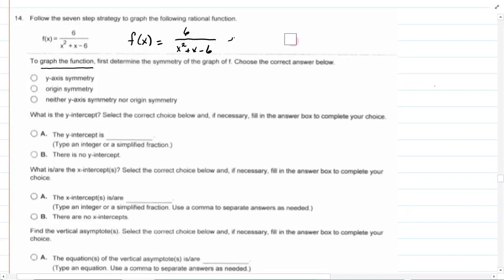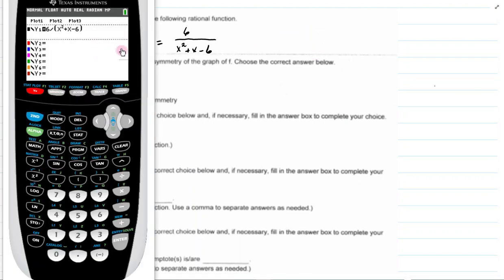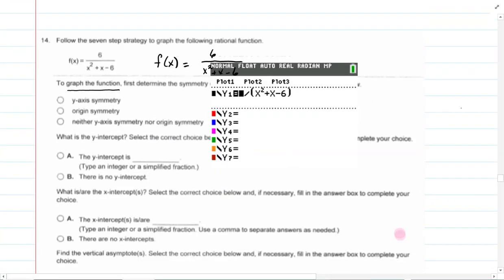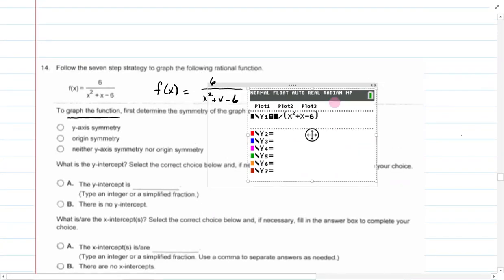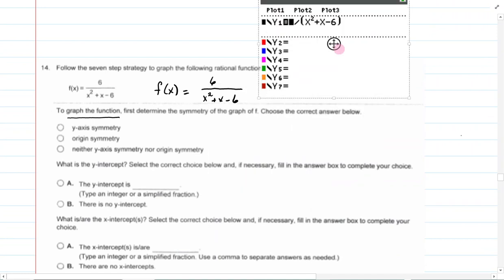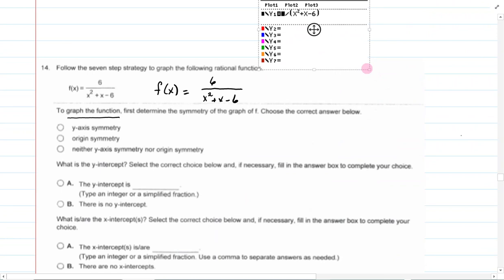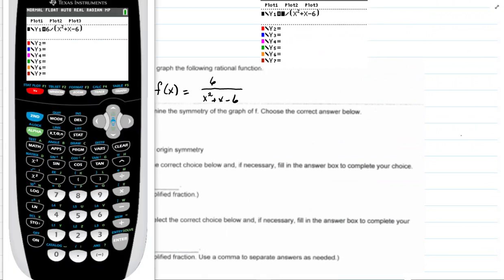So I'm going to erase that and grab this screen and put it right up here. I don't think it needs to be quite that large. Now, if I take a look at the graph of that, I'm going to go into a Zoom 6 window, so I can do Zoom. Choice number 6 is standard viewing window.